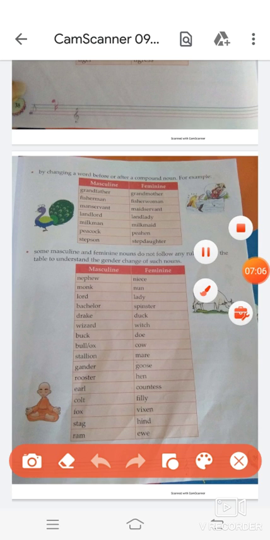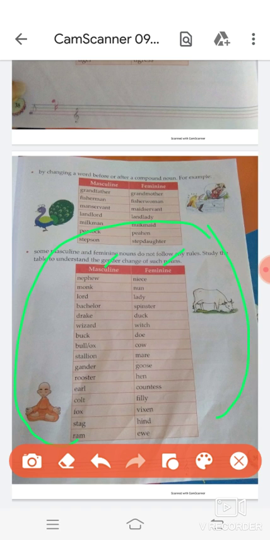So students, in this table the first column is masculine gender and the second is feminine gender. These masculine genders don't follow any rules, just like nephew, niece, both are totally different. Masculine is nephew and feminine is niece.